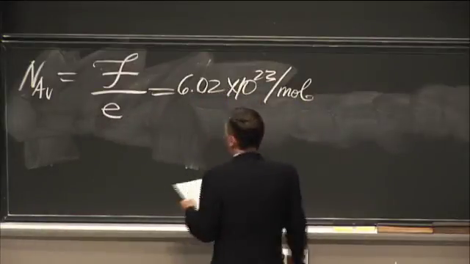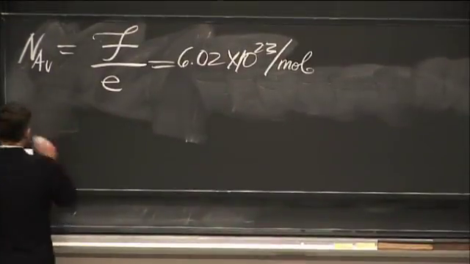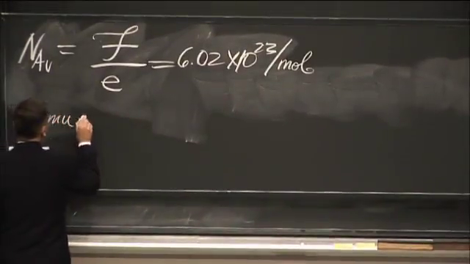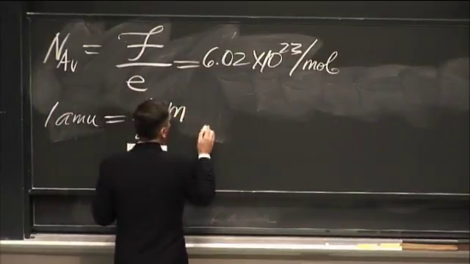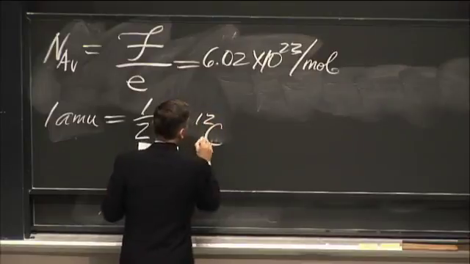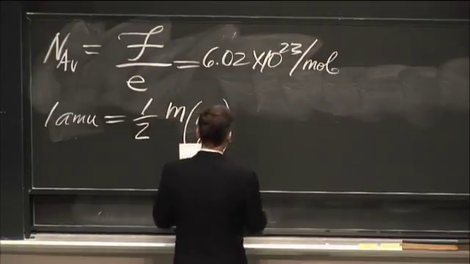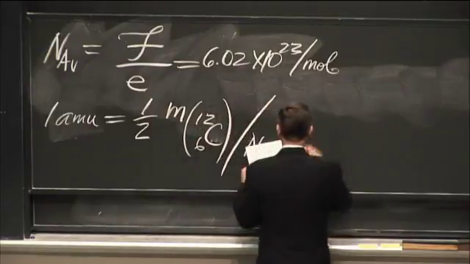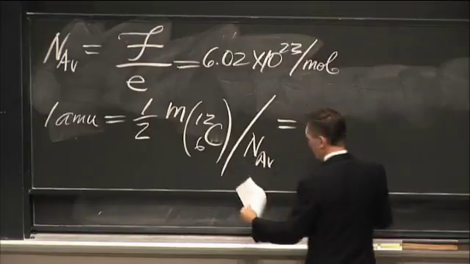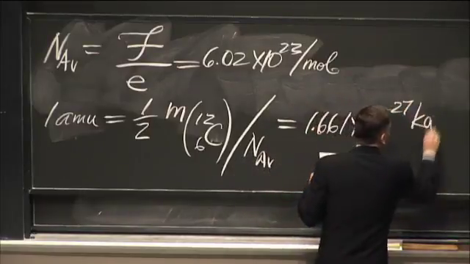Okay, so now, what's the atomic mass unit? Now we can say 1 atomic mass unit must equal what? It's going to equal 1/12 of the mass of carbon-12 divided by the Avogadro number, which gives us 1.661 times 10 to the minus 27 kilograms.